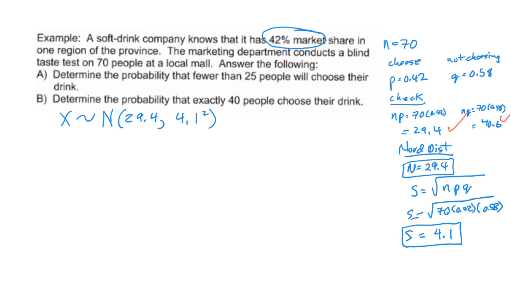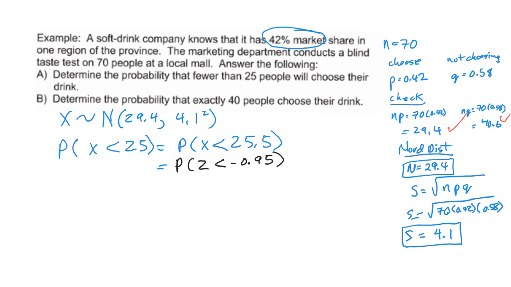All right, so now let's figure out the probability of x being less than 25 people, which really means we want the probability of x being less than 25.5 people. So now we're going to calculate the z-score. And when you calculate the z-score for 25.5, you get negative 0.95.